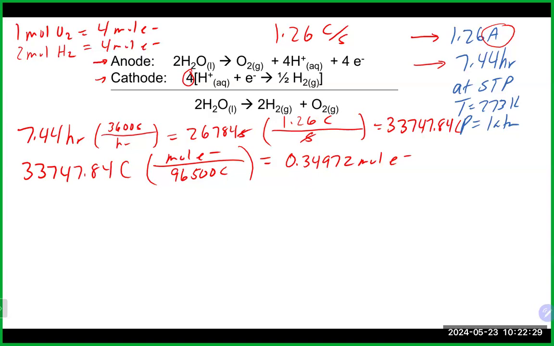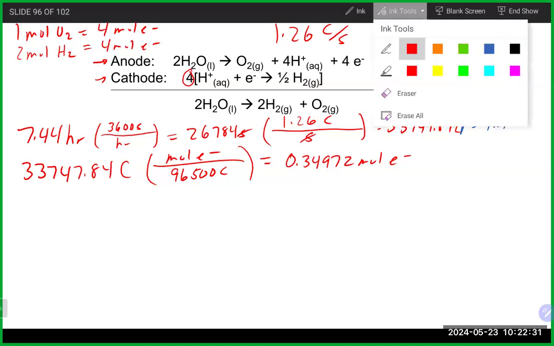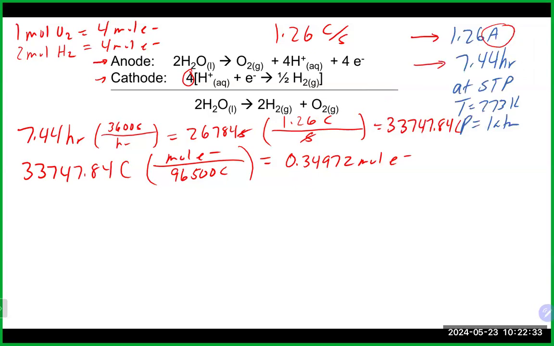All right, we'll take a look at oxygen first and figure out our moles of oxygen. We take our moles of electrons and use our half reaction relationship for oxygen: 1 mole of oxygen is 4 moles of electrons.